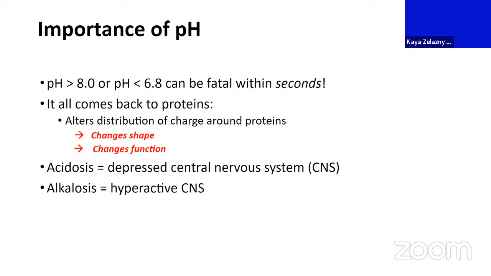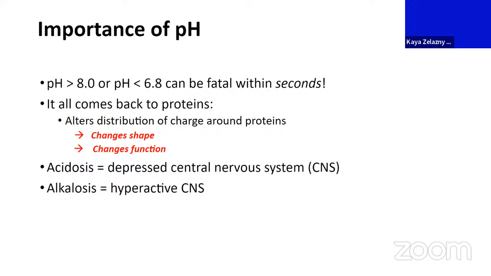We have charged ones, we've got all sorts of different chemical and physical properties to those polypeptide chains. And as soon as you change the pH, with a bunch of extra hydrogen ions floating around or not enough hydrogen ions floating around, that protein's not going to work right anymore.